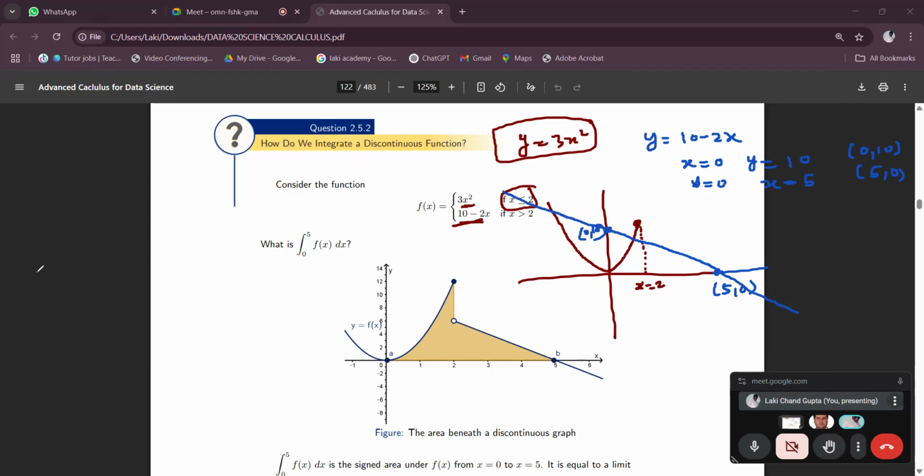But you can see the value of x lies greater than 2, so it starts from here.